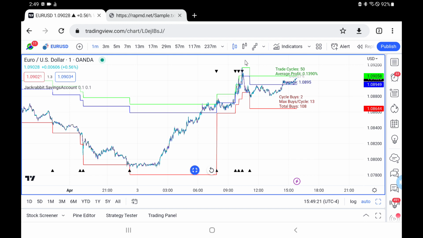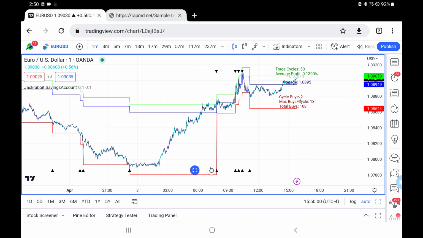In this case, we are looking at the 1 minute chart, and with the 1 minute chart, I have 50 completed trade cycles. So 50 times I have made a profit from this chart. My average profit is 0.13%, or roughly 13 pips is my average profit.